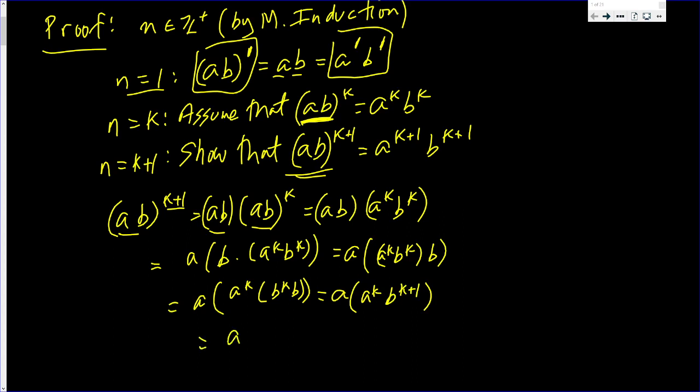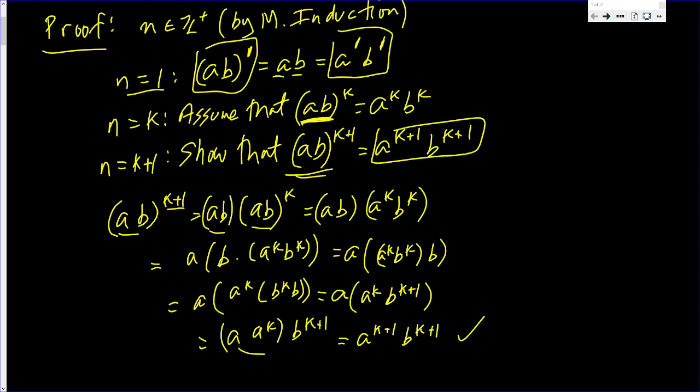The associative law says this is the same as (A times A to the k) times (B to the k times B), and what's in the brackets is A to the k plus 1 times B to the k plus 1. And that's exactly what I wanted to show. I just concluded that this is equal to that, where n is a positive integer.